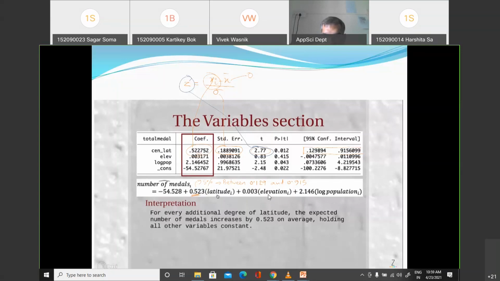The expected influence of elevation is 0.03, and we expect this coefficient to be between minus 0.004 and 0.001 with 95% confidence.